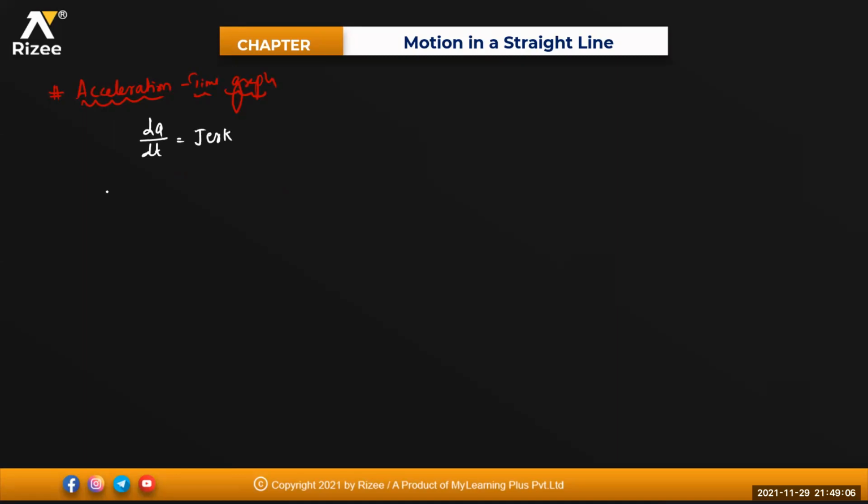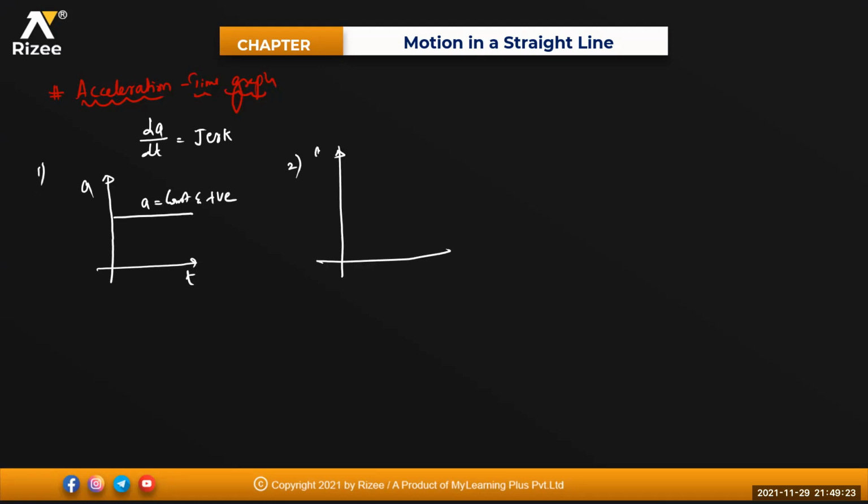Okay. Like say, if I'm taking the graph like this, acceleration versus time, a graph like this, that means acceleration is constant and it is also positive. Now, if I'm taking the graph like this, acceleration versus time, a straight line passing like this, it will be non-uniform, and acceleration is increasing at a constant rate and it is positive.